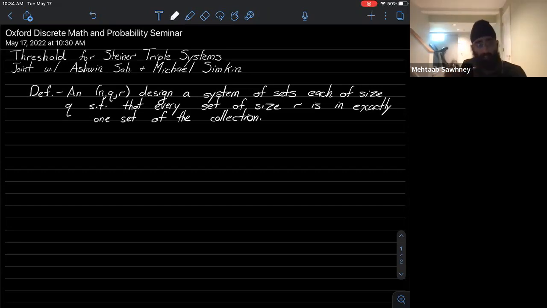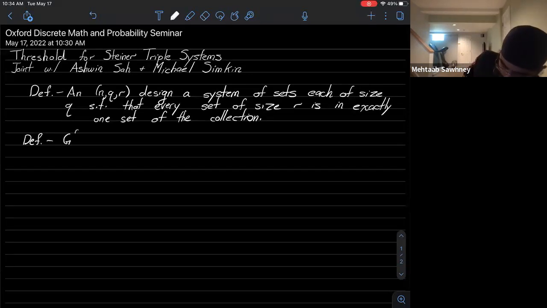And as I'll be discussing thresholds, I have to be discussing thresholds with respect to some random object. The random object we'll be considering is the most natural one here, which is the random q-uniform hypergraph. I'm going to denote this G_q(n,p).